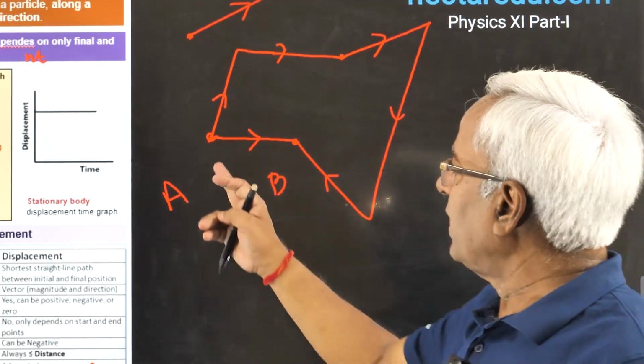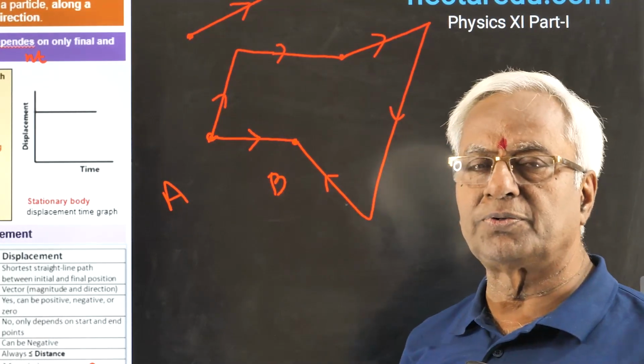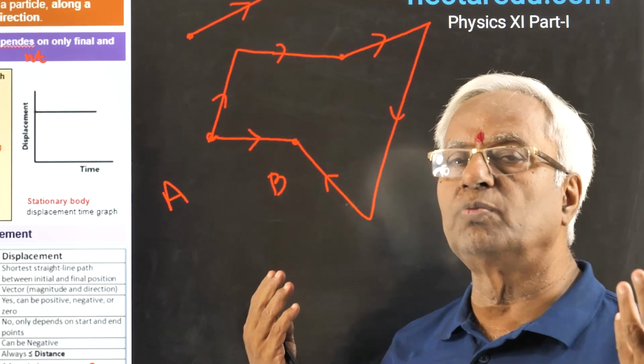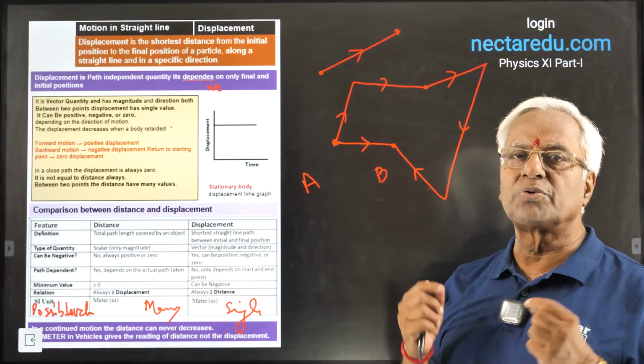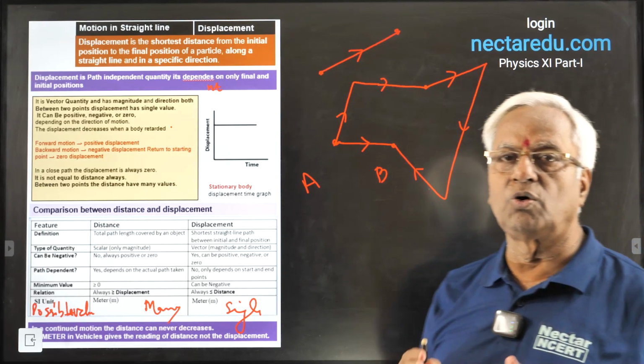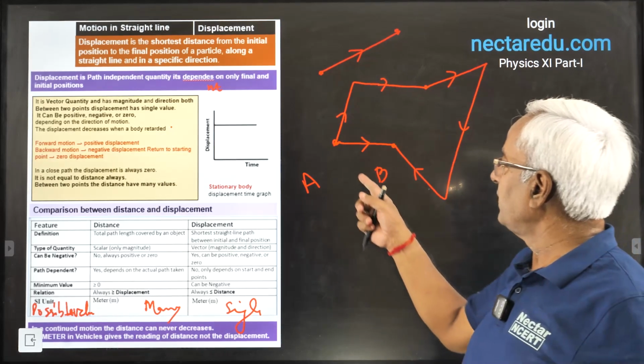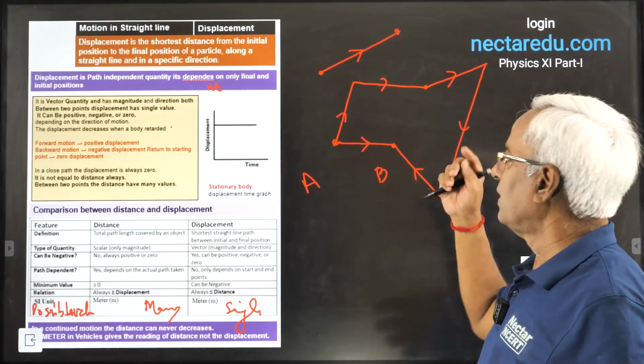So between 2 points A and B, displacement is going to have only one value, whereas the distance can have so many values. Better to say distance is always path dependent, whereas the displacement will never depend on the path.